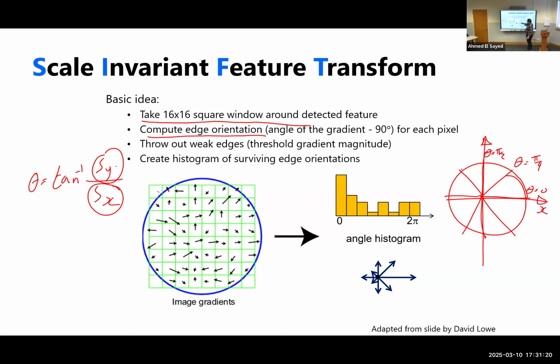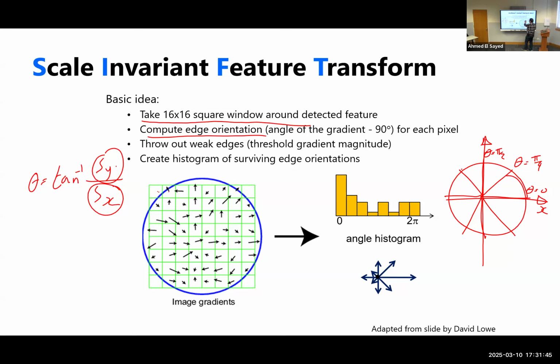So any value close to one of them, I will approximate it. Then I will start to throw out the weak edges. Any weak edge, something that doesn't look like an edge, ignore it.